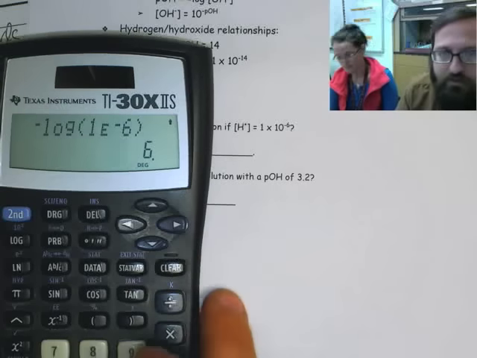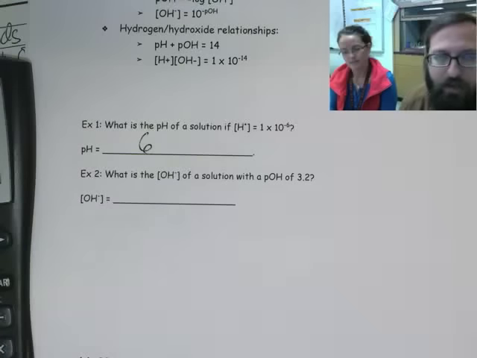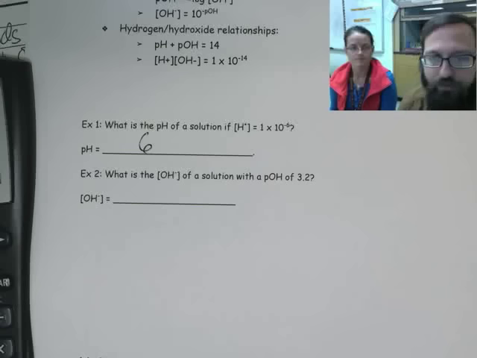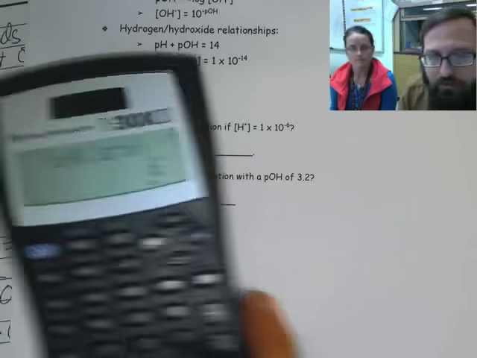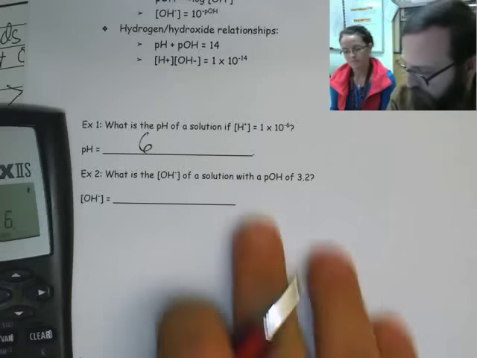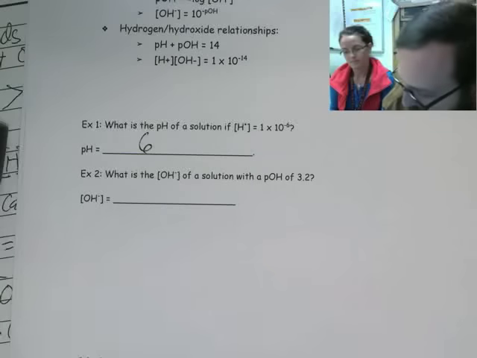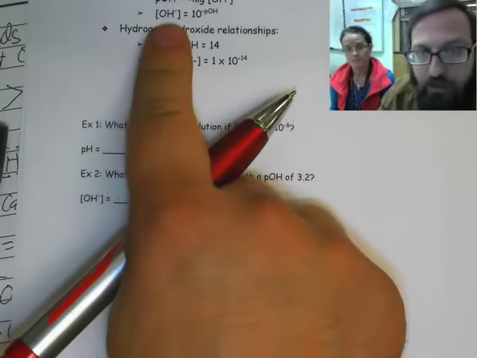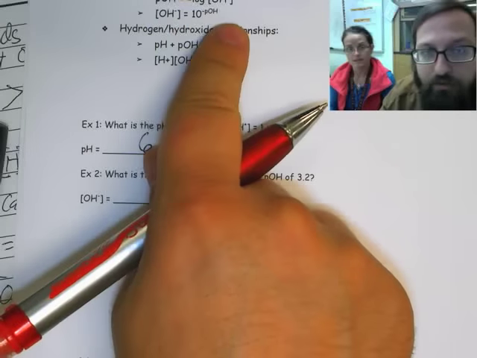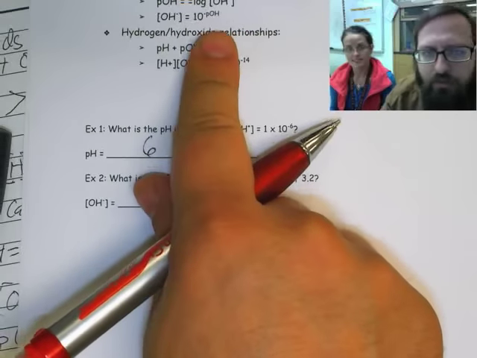Yes. Okay. All right. So now if I'm calculating the OH of a solution with a pOH of 3.2, all right, so what we've got to do, if we're calculating OH, I look up here, OH is 10 to the negative pOH.